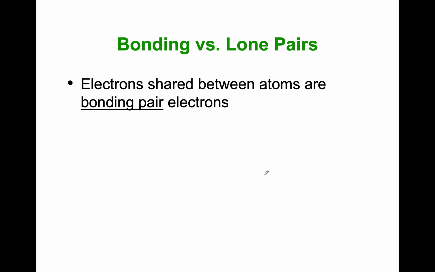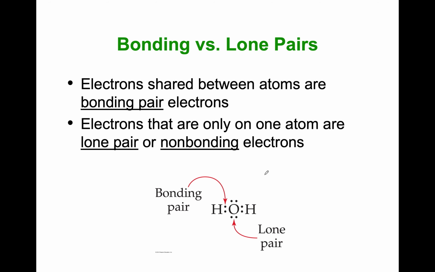All right, so what we just saw with water then is our dots, but I want to highlight a few things. So if dots are between atoms, that's a bonding pair. Okay, that's representing 2 electrons. 2 electrons make 1 bond, so you might see it as dots or a line representing 2 electrons.